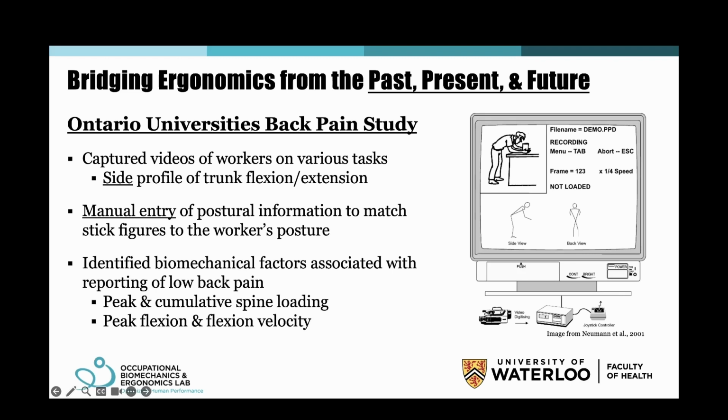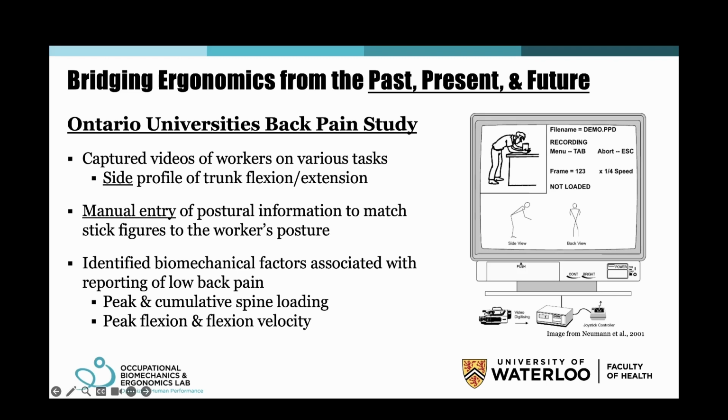Some are peak and cumulative spine loading, peak spine flexion, flexion velocity, etc. These are very influential works, and they no doubt took a long time to collect, analyze, and process, especially going through all those videos to capture and posture match frame by frame.